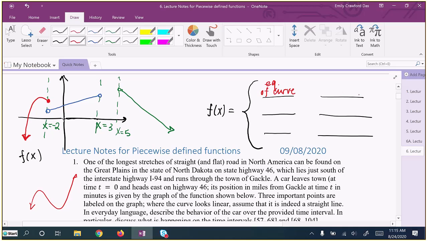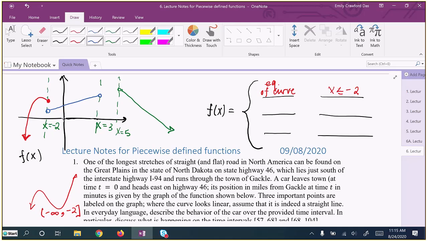The corresponding blank in the right column would tell me which part of the domain I'm following that function. We talked about how this looks like it goes all the way to negative infinity, so I would say it's from negative infinity to negative 2. I stopped at negative 2, so I would write x is less than or equal to negative 2. And I chose less than or equal to because of the closed dot.